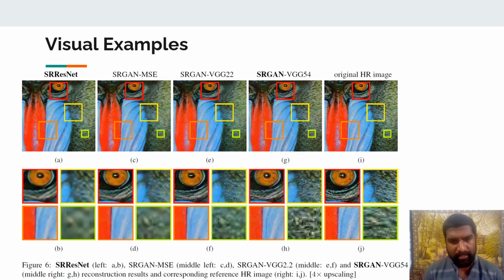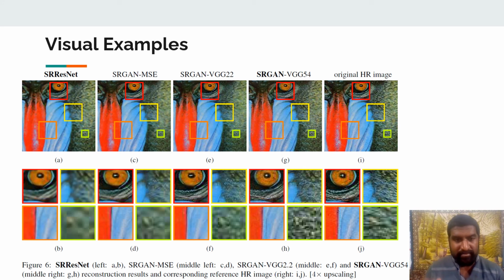So what I have included in this slide is a visual example which shows how much better the SRGAN performs compared to the earlier methods. The SRResNet, which you can see in the first image, fails to produce the finer details of the image.